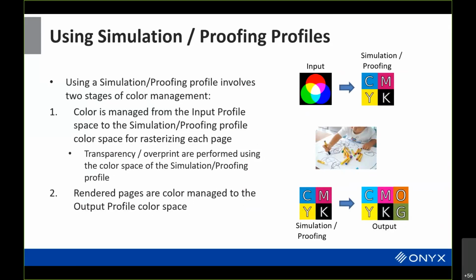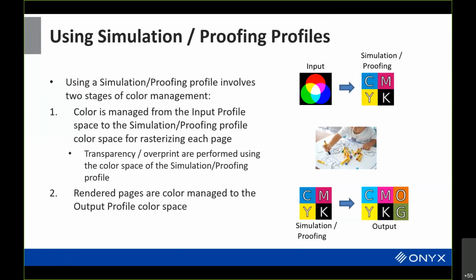What this ends up doing is converting all the colors into the color space associated with the simulation proofing profile. And this is where transparency and overprint and all that fun stuff are done in terms of drawing onto the page. We draw on the page, get the page all drawn.